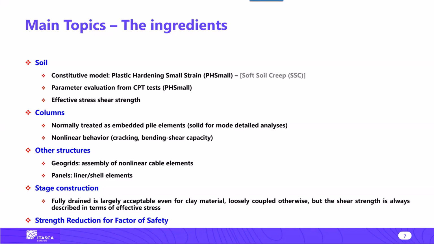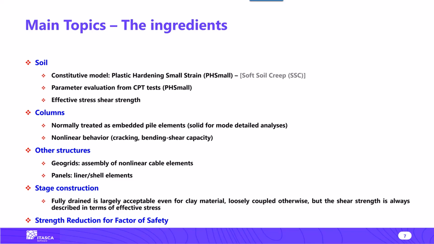lab activity. As far as the column, typically those are modeled with embedded pile elements. They can be reinforced or not reinforced. There are several layers of complexity in terms of modeling the column, as we'll see later on. Typically, there are other structures, either in the LTP, load transfer platform, or inside the body of the fill.